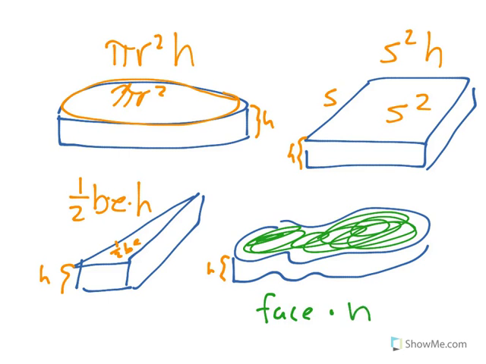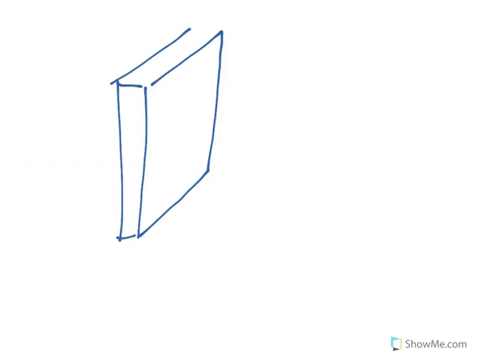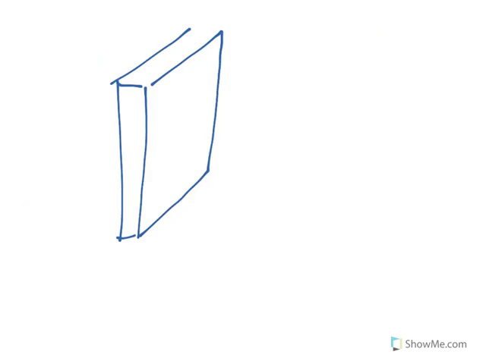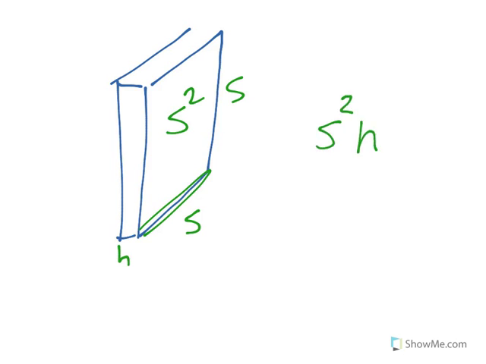So we're going to look at one generic problem now. Let's come back over here, where I'm going to slice up something whose faces are going to be squares. With a square, if I know the base is S, I know this side is S, and I know the area of the face is S squared, and the volume is S squared H. Depending on how I slice it, horizontally or vertically, and we almost always slice these horizontally, it's probably going to be S squared dx.